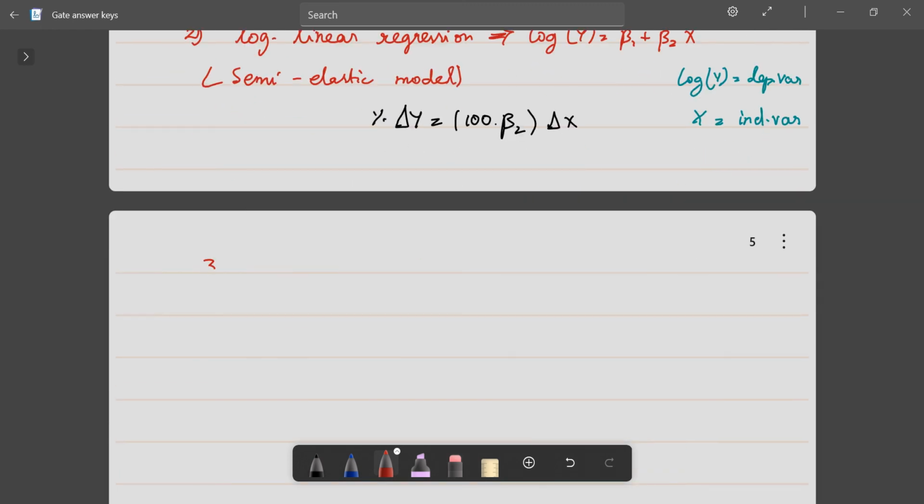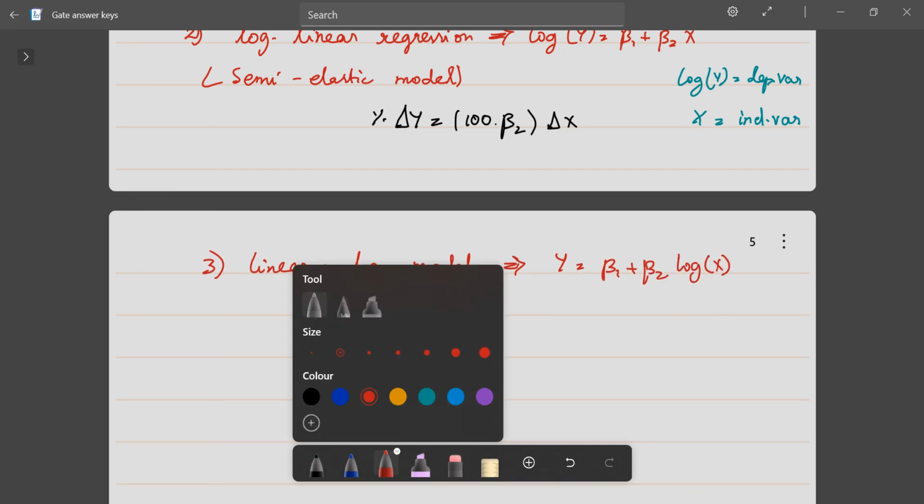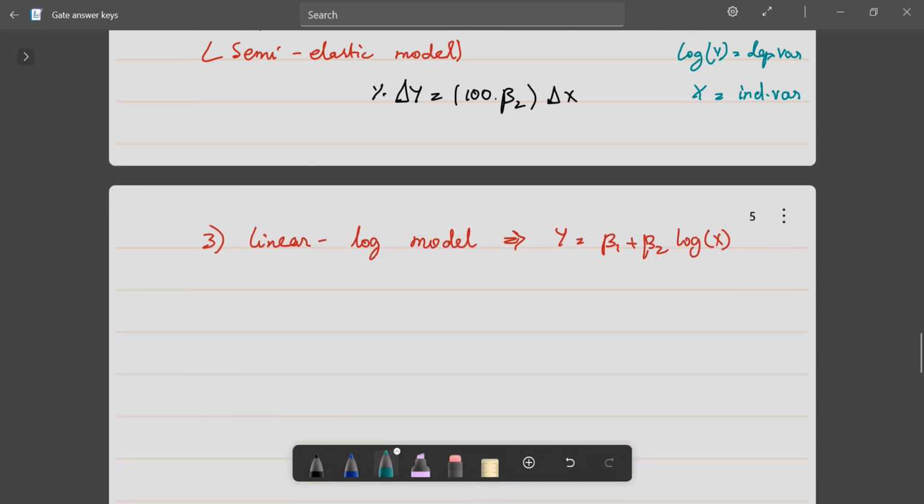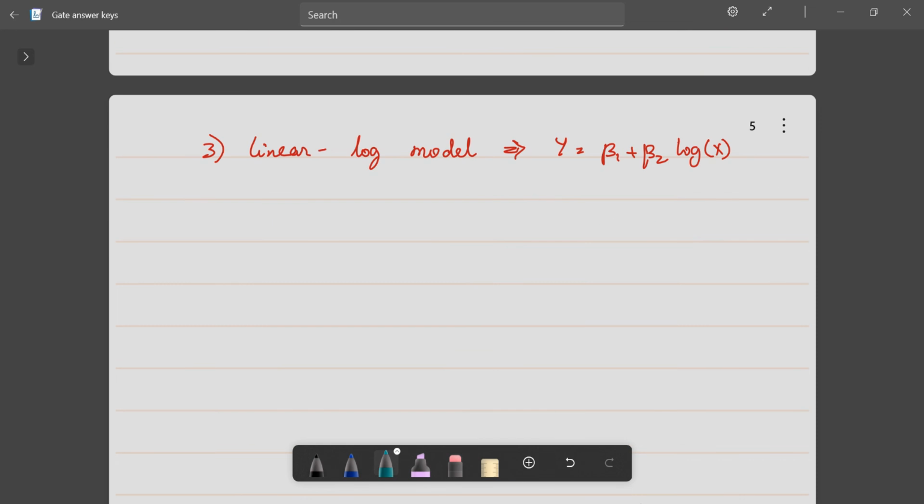Moving to the third type of functional form, which is linear log model. The general form here is y is equal to beta 1 plus beta 2 times log x. Here y is the dependent variable and log x is the independent variable.